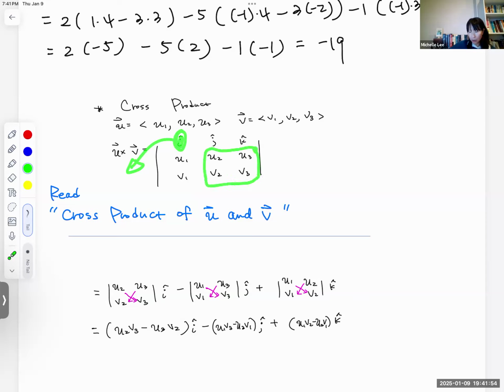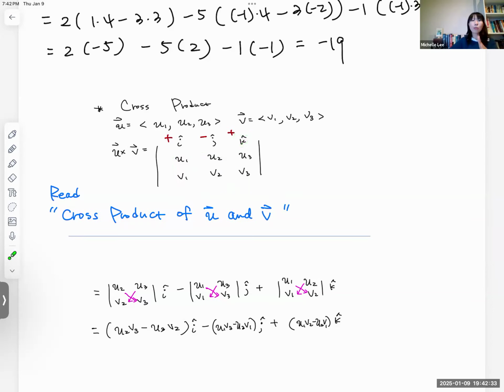So u sub 2, u sub 3, v sub 2, v sub 3 is here. Now, we factor out j, then we are using only this number. So that's u sub 1, u sub 3, v sub 1, v sub 3, right? Okay, so we knew that that's also positive, negative, positive, right? The last one, we factor out with the k hat, then we are using only this, right? u sub 1, u sub 2, v sub 1, v sub 2, right?